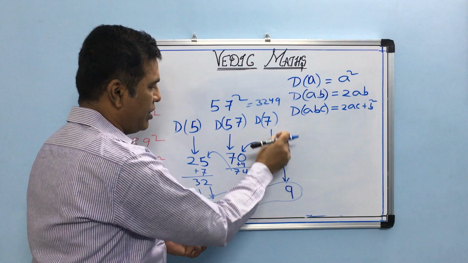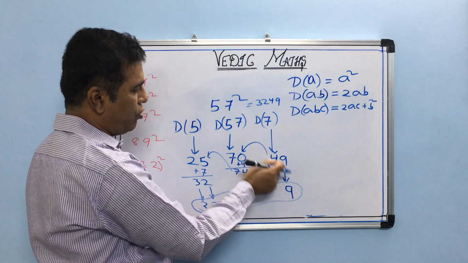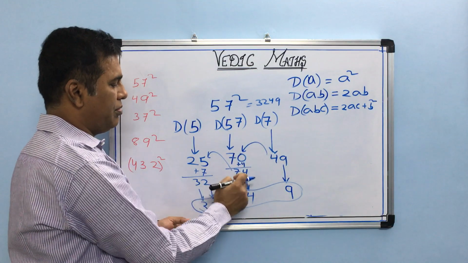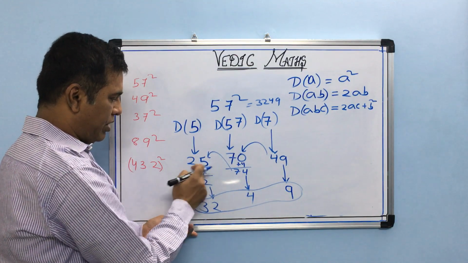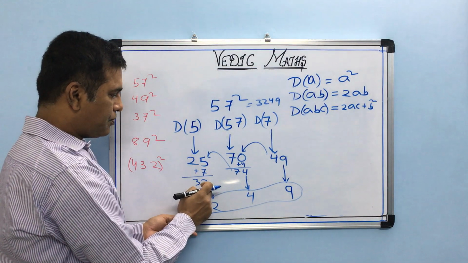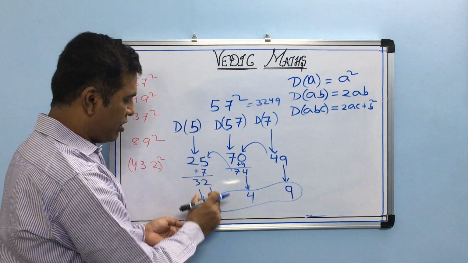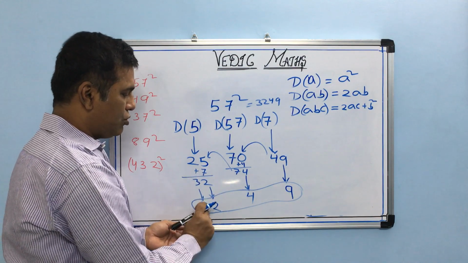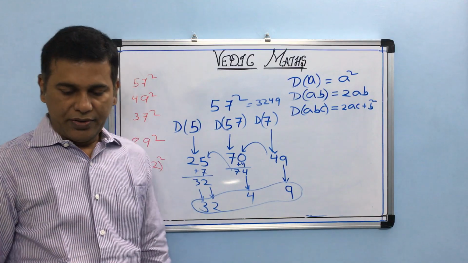Now from each group I bring only one digit down: 9, and 4 is carried forward, so 70 plus 4 is 74, 4 comes down, 7 is carried forward, 25 plus 7 is 32. This is the last column, so the total comes down. So 3249, our answer is 3249.